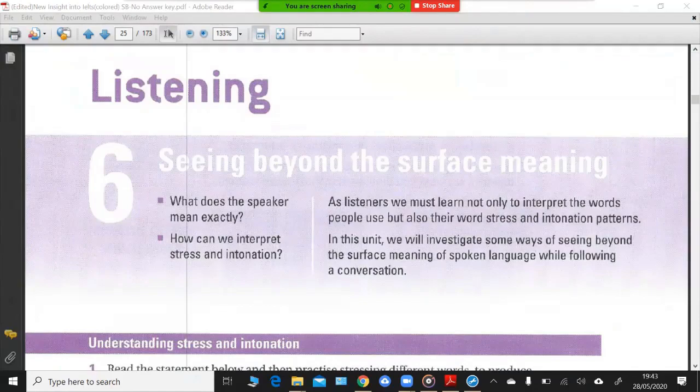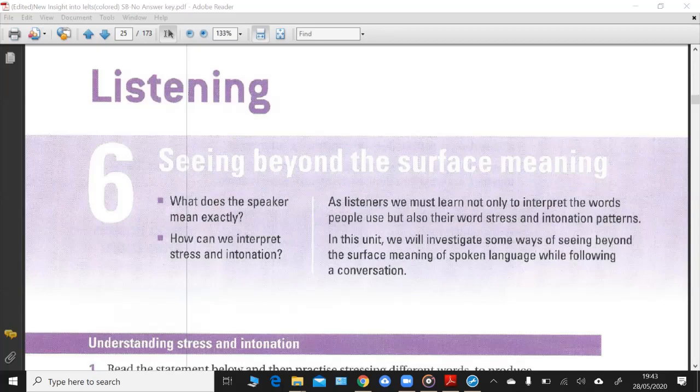We will be doing listening 6. This is page 25 of the book which you have. We will be starting from seeing beyond the surface meaning. This is something we are going to explore in this session: sometimes the meanings are very clear, and sometimes there is something between the lines or beyond the surface meaning.